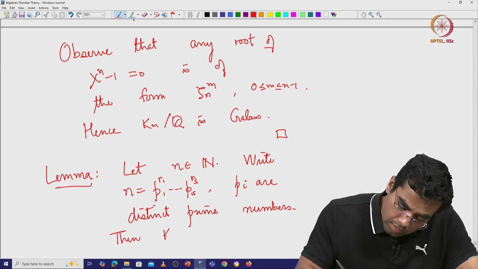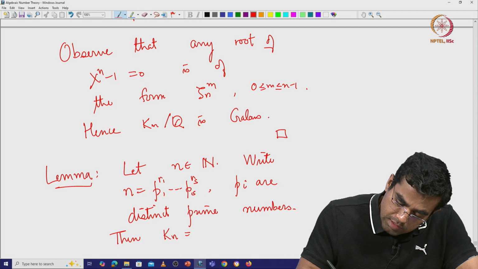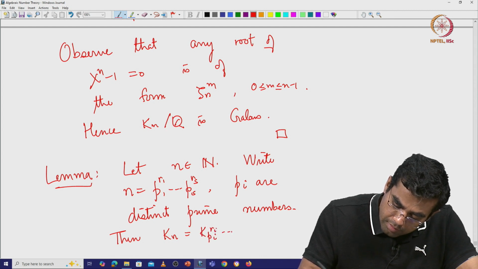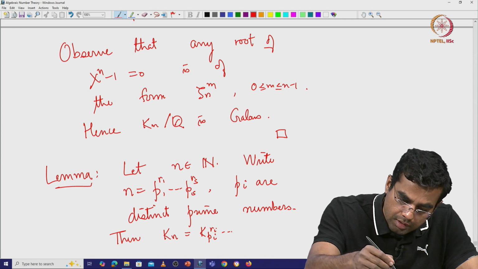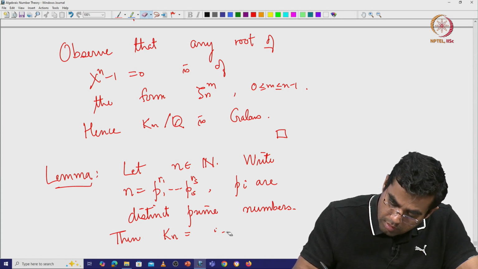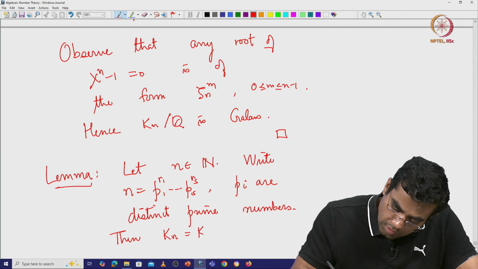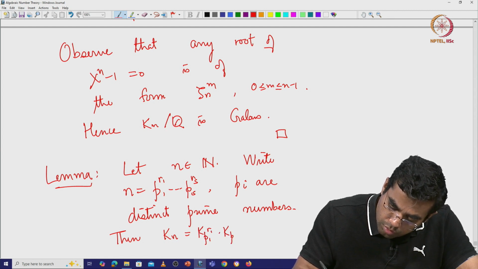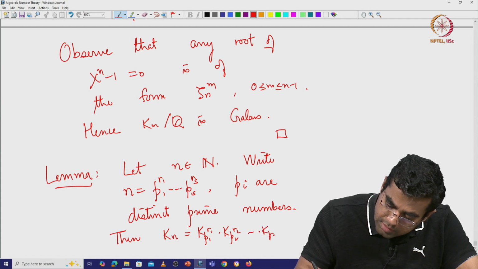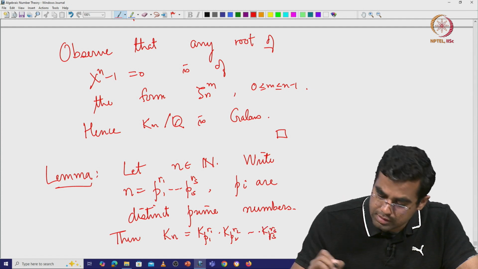Then K_n is the compositum of all these K_{p_i to the r_i}, that is, K_{p_1 to the r_1}, K_{p_2 to the r_2}, and so on up to K_{p_s to the r_s}.